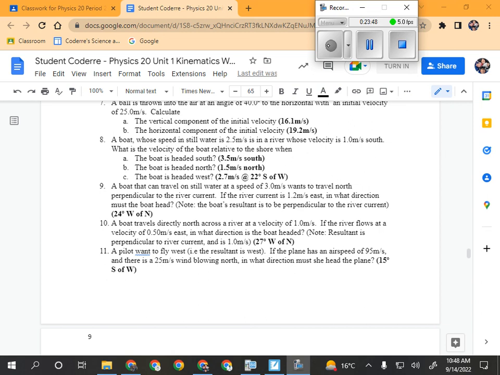That's the speed the boat can go no matter what. It isn't always going to go that fast, but that's how fast it can go. River current is always current velocity. It's always downstream, whatever direction they tell you that is. And then there's resultant or sometimes desired velocity. So if it says it wants to do this, that's desired or resultant velocity. It's your final. So that's the wording trick there.